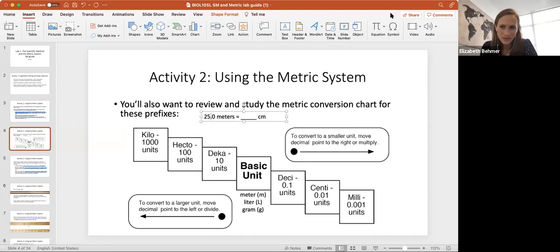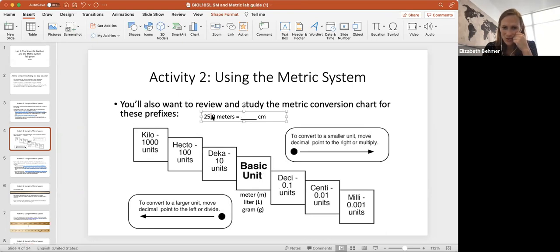How many places we move the decimal point to the right is shown by counting the boxes over. So the base unit is right here. And if we are going to centimeters, that's 2 boxes over. So we're going to move the decimal point over 2 spots. If we move this decimal point over 2 places, what number do we get? 2,500.